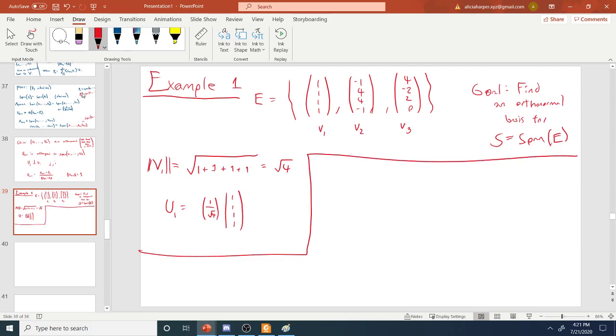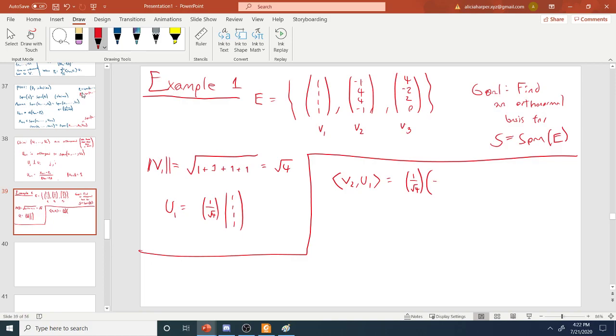In the next step, I look at my V2, and I have to compute the inner product of V2 with U1. Accordingly, this is going to be 1 over the square root of 4, multiplied through by negative 1 times 1 plus 4 times 1 plus 4 times 1 plus negative 1 times 1.